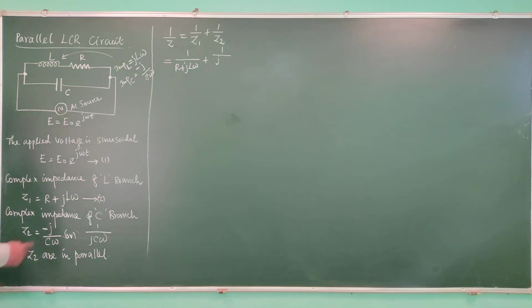How? We can multiply j on both sides. So j into j square equal to minus 1, minus minus plus, there is a denominator j, right?